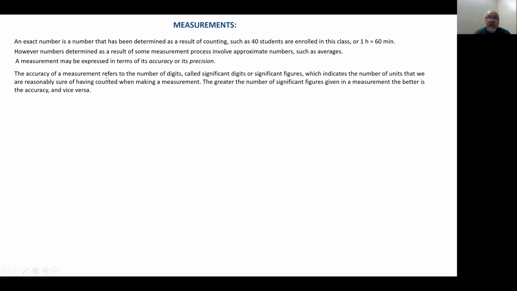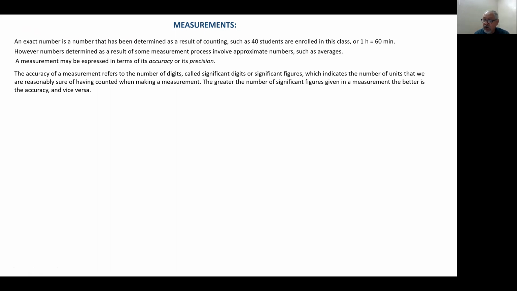Accuracy of a measurement refers to a number of digits called significant digits or significant figures, which indicate the number of units that we are sure of having counted when making a measurement. The greater the number of significant figures given in a measurement, the better is the accuracy, and vice versa.